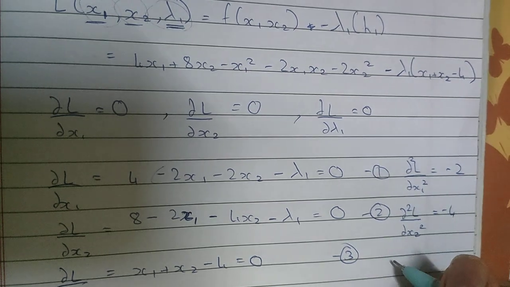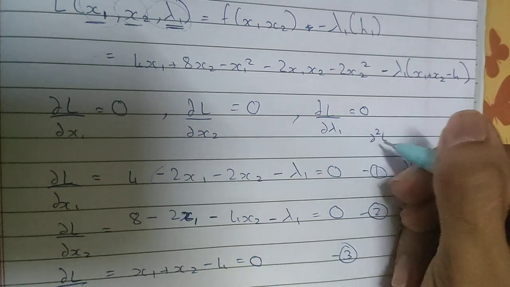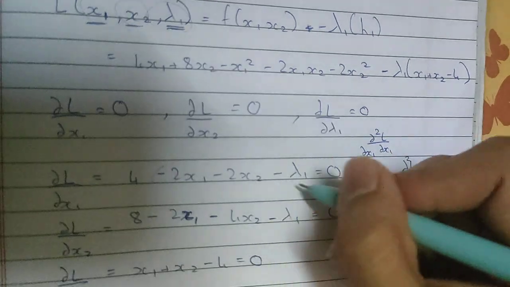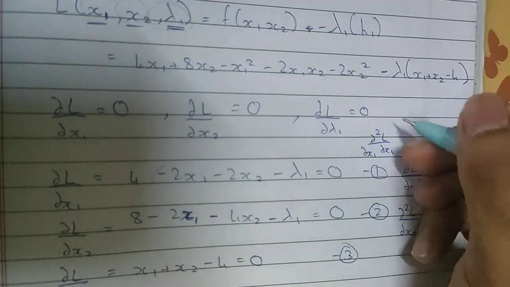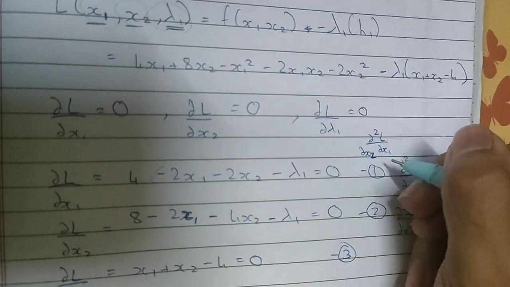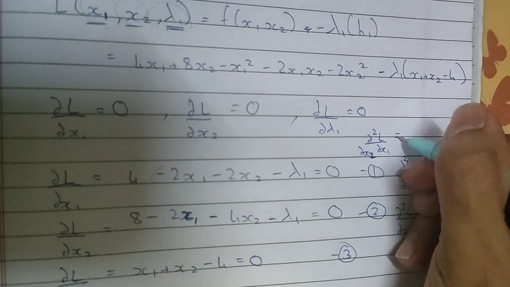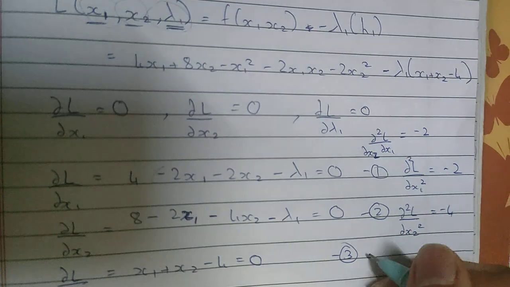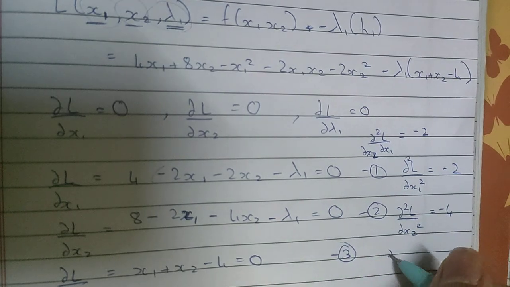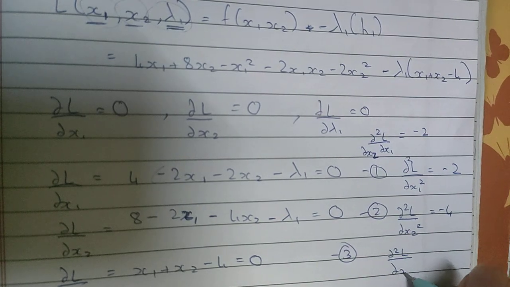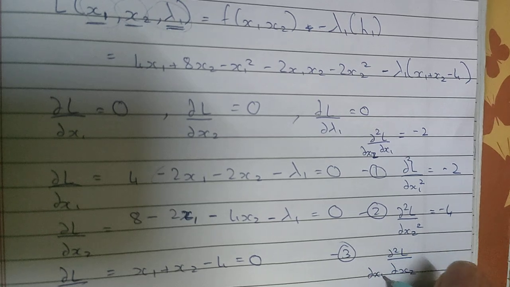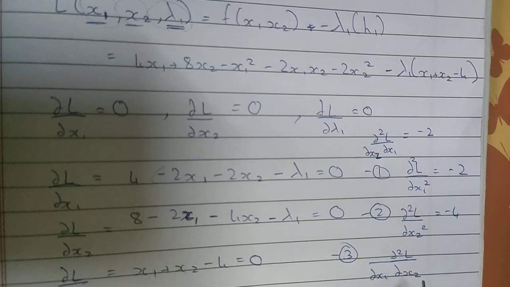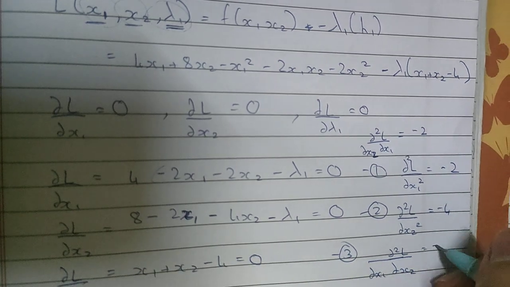Now we also need del square L by del x1 del x2, differentiating with respect to x1 first and then x2. We get -2. Similarly, del square L by del x2 del x1, we get another -2.